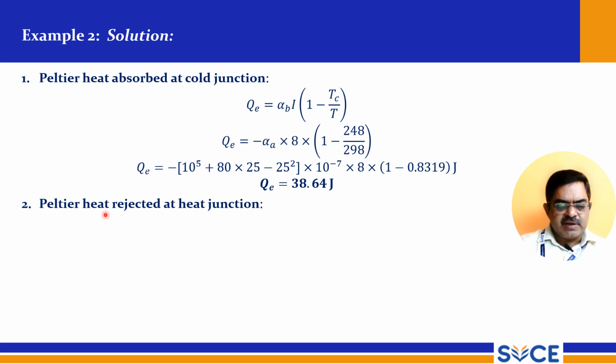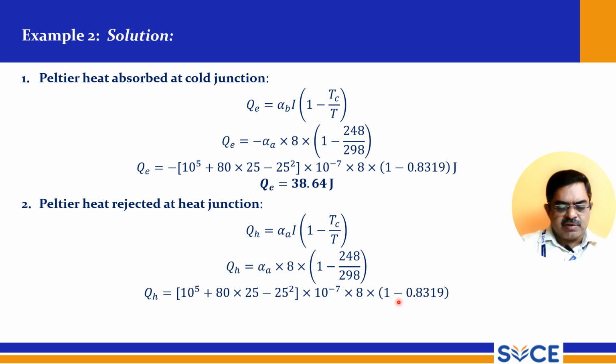So the Peltier heat rejected at the hot junction: QH equal to alpha A I into 1 minus Tc by T. QH equal to alpha A into 8 into 1 minus 248 by 298. By substituting all these values, we get QH, the Peltier heat rejected at the hot junction, equal to 48.33 joules.